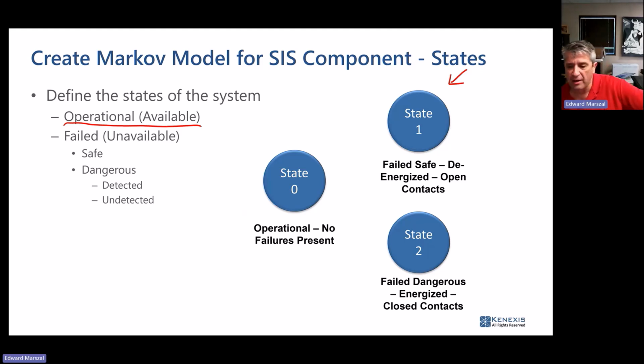What I'm going to talk about a little bit later in terms of the value of Markov modeling is that sometimes you don't want to lump all of your safes and all of your dangerouses together, and you want to look at them a little bit more granularly. But for right now, let's just focus on there being a safe state and a dangerous state.